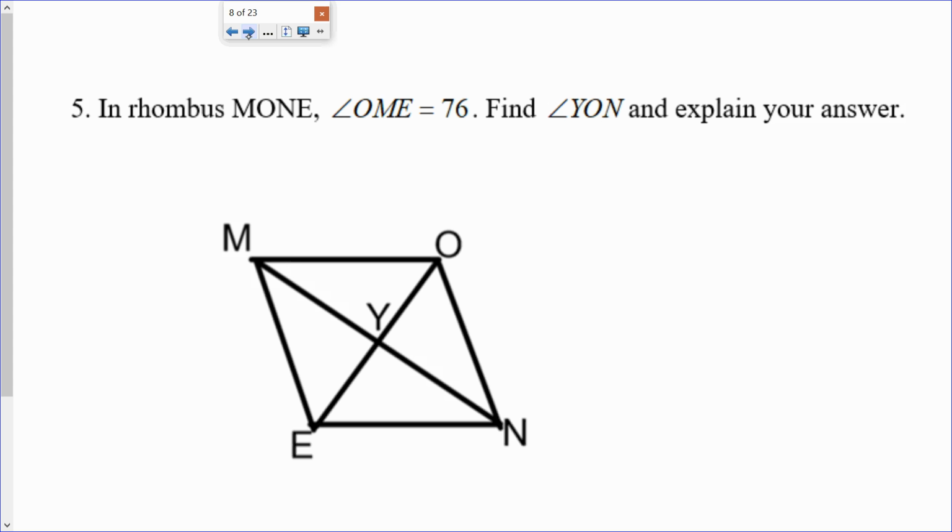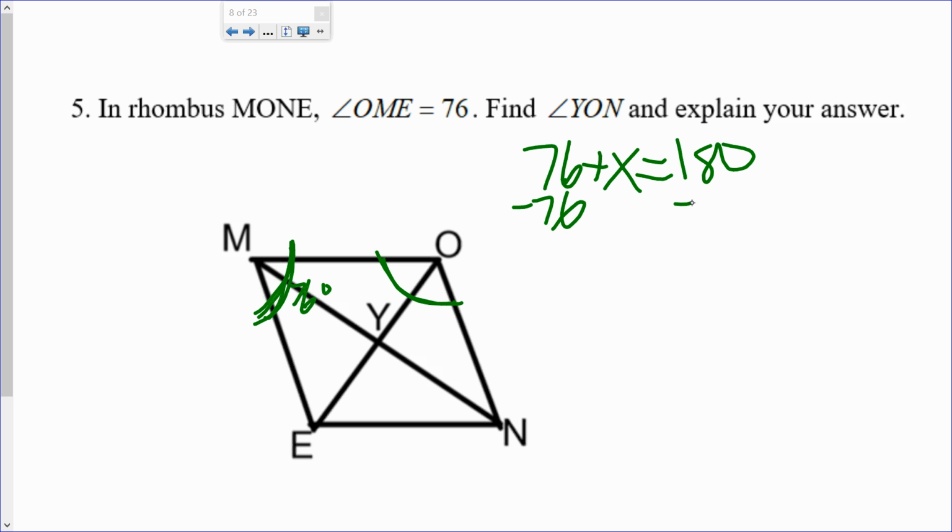OME is 76. This whole thing is 76. It wants angle YON. Well, if this is 76, then this, since one's acute and one's obtuse, they must add to 180. So 76 plus x equals 180, minus 76, minus 76, x equals 104.